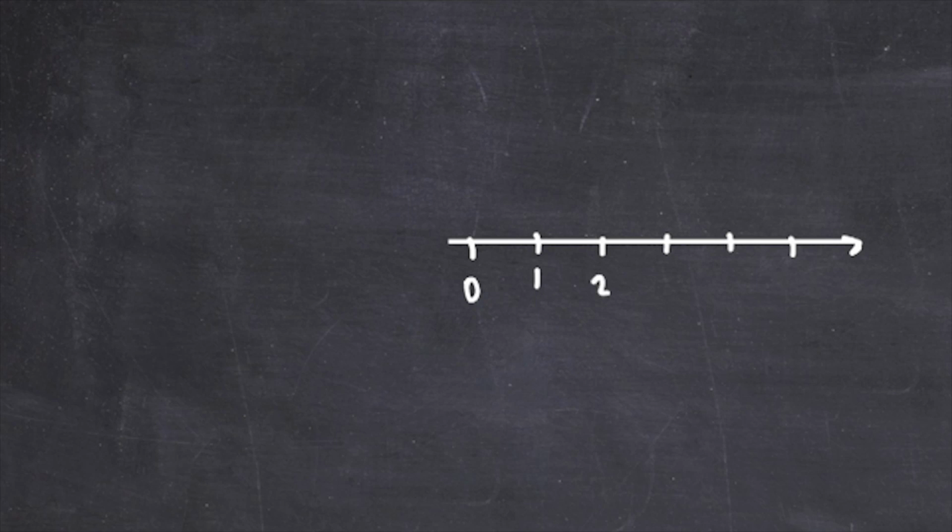Just like whole numbers have an order, 0, 1, 2, 3, 4, and so on, integers have an order as well. Using this number line as a visual for integers, let's start by marking down the whole numbers in order starting from 0, 1, 2, 3, 4, 5, and so on. Now for the opposites. We're going to start from the left of 0 and write -1.